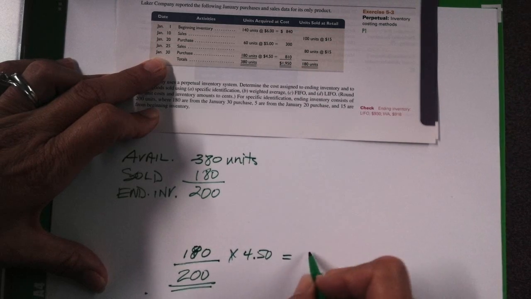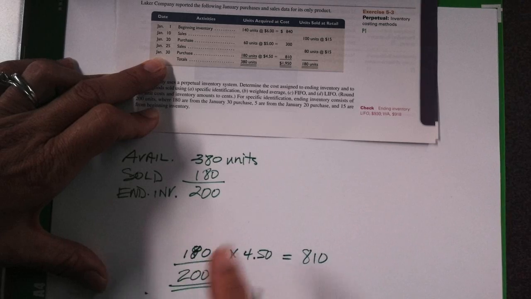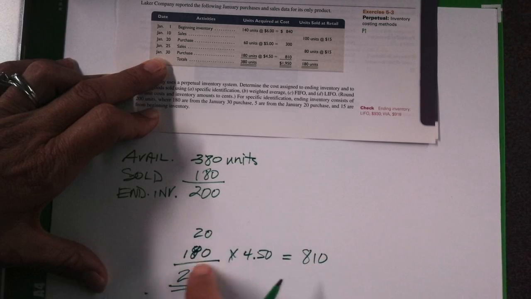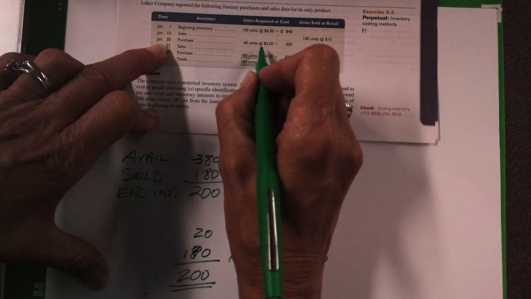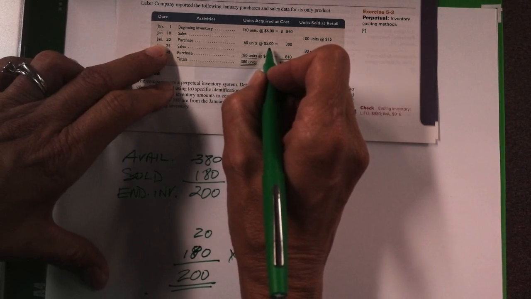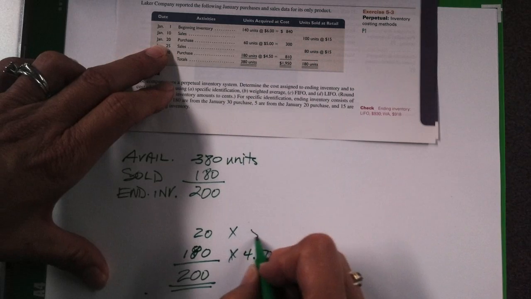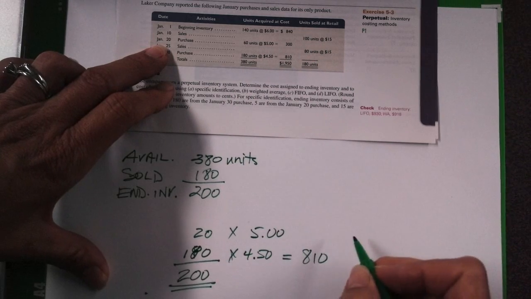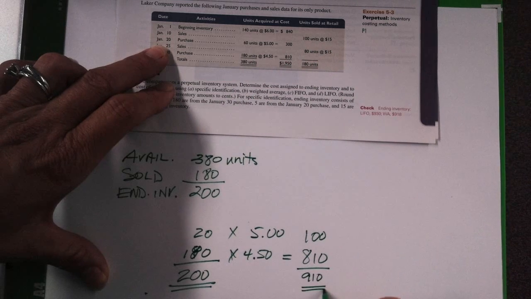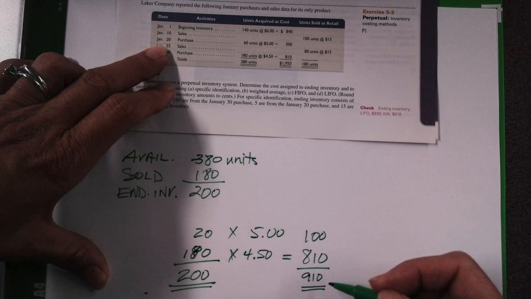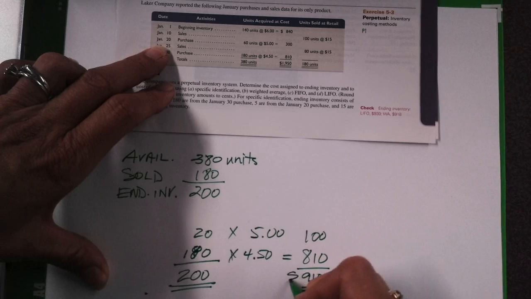Okay? And that just means that we just need 20 more to get to 200, and they would have come from the January 20th purchase, which we paid $5 for. So the value of our ending inventory is $910.